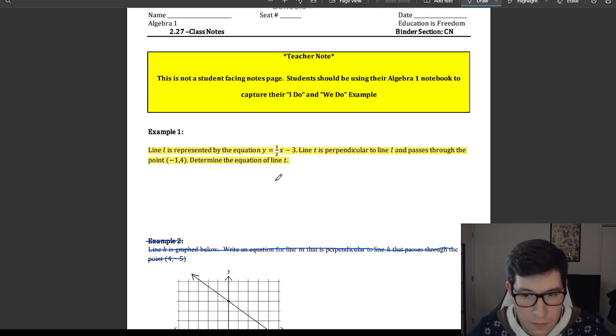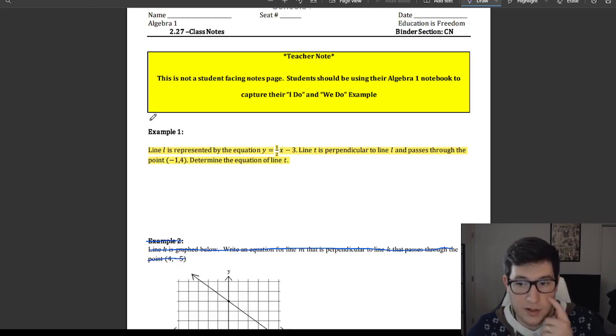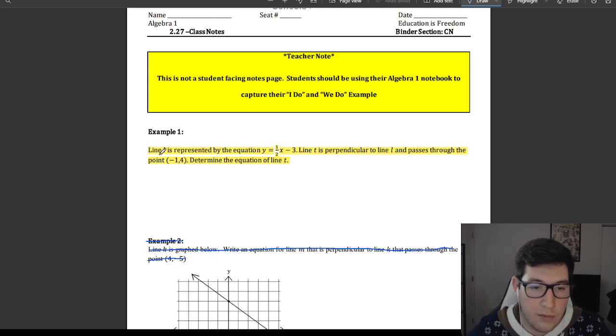Line T is perpendicular to line L and passes through the point (-1, 4). We need to determine the equation of line T. So, go ahead, take about 45 seconds, make sure today's date is at the top of your page, and write down example 1. You can go ahead and pause the video, and we will move forward once everybody has this.